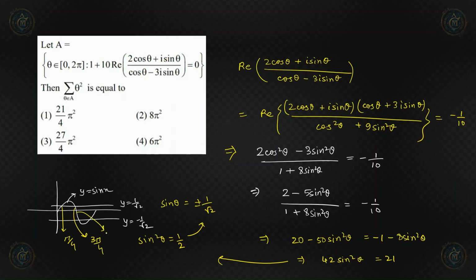This solution here is 5 pi by 4, and this solution will be 7 pi by 4. Okay, so we have the sum of theta square as pi square by 16 plus 3 square pi square by 16 plus 5 square pi square by 16 plus 7 square pi square by 16.